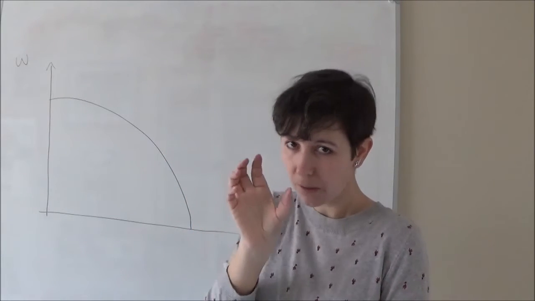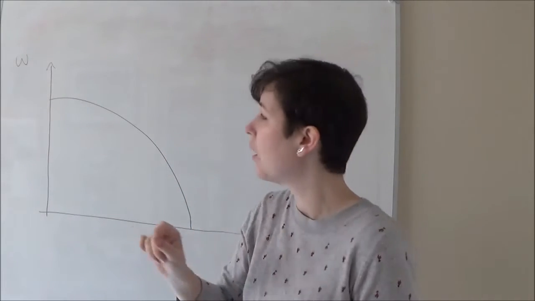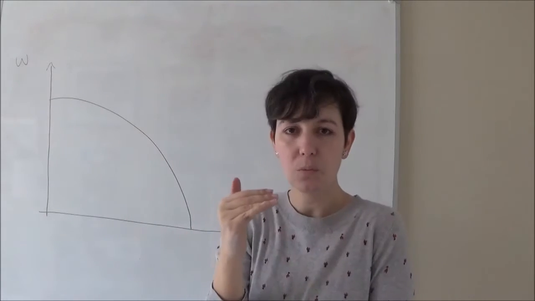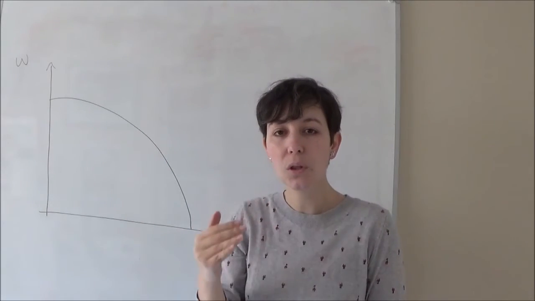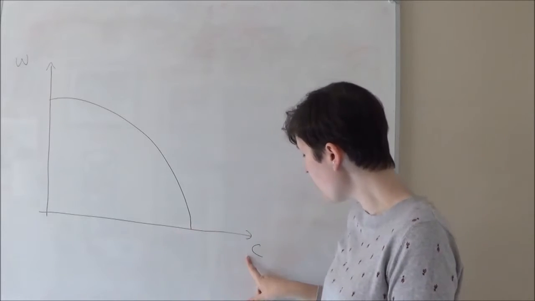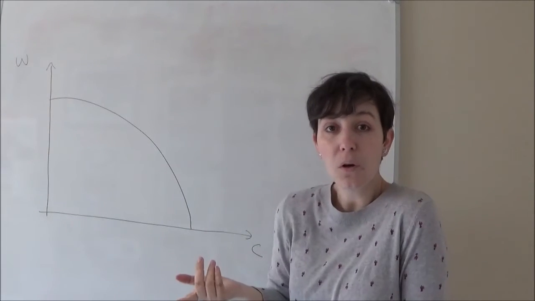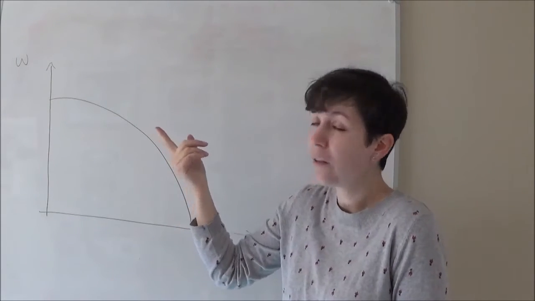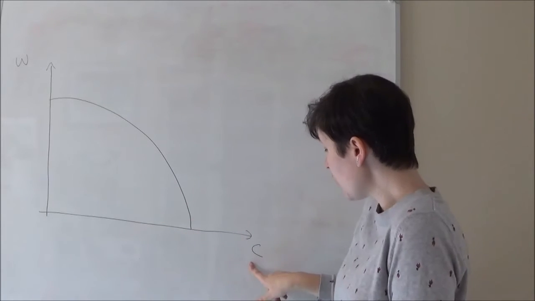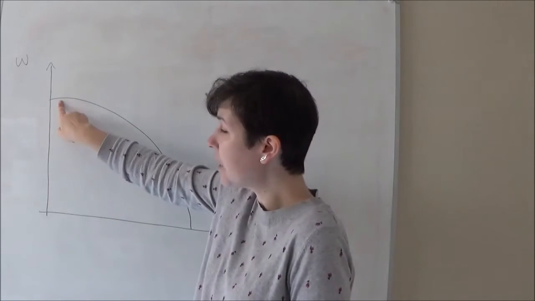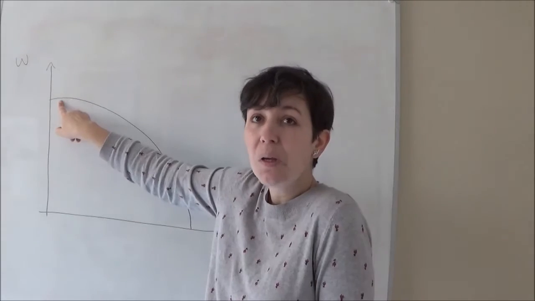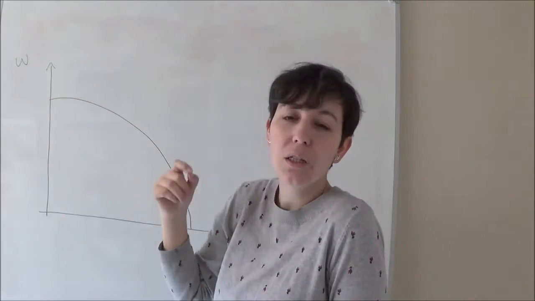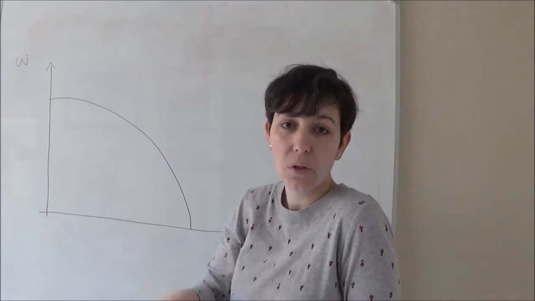Just look at the value, not the sign. But very small, so that means the opportunity cost of producing 1 unit more of cheese is really small in terms of wine. So if I want to produce 1 unit more of cheese when I'm here, it's going to mean a really small reduction of wine.